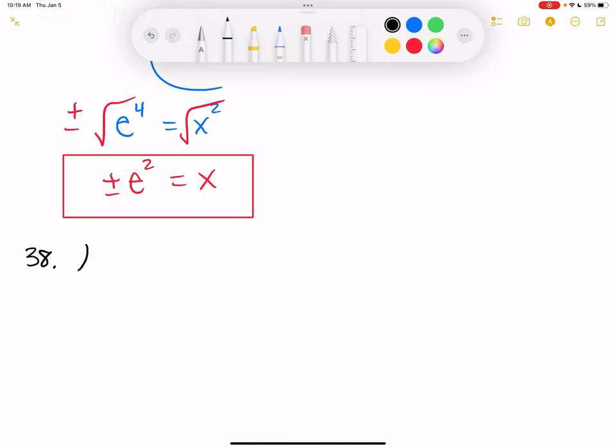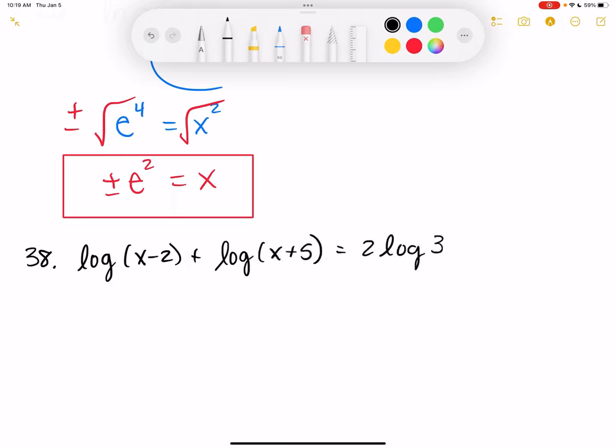38. Log of x minus 2 plus log of x plus 5 equals 2 log of 3. Interesting. So, I'm looking for suggestions. What's the rule? What's the direction? Same thing as before. Solve the equation by the method of your choice.